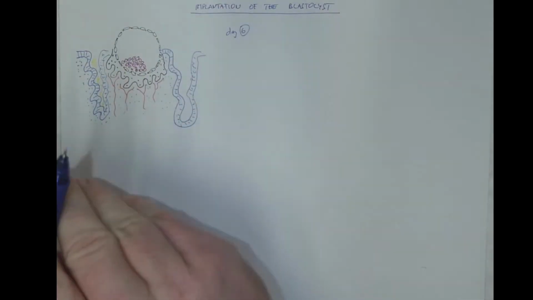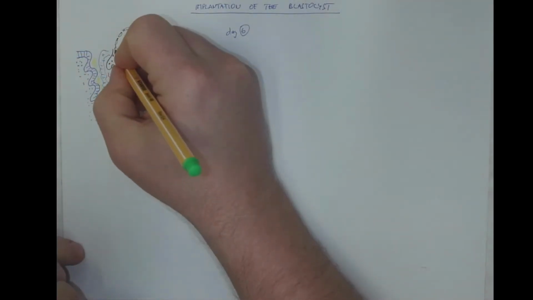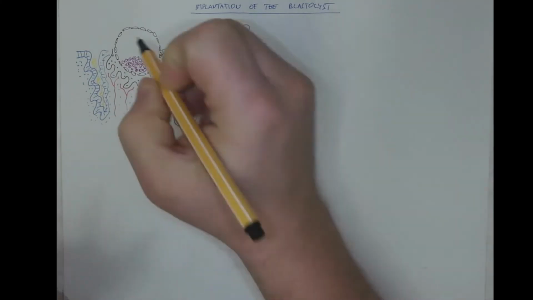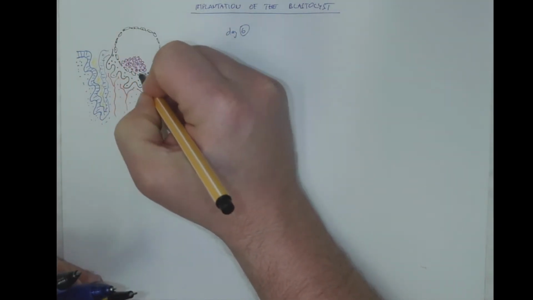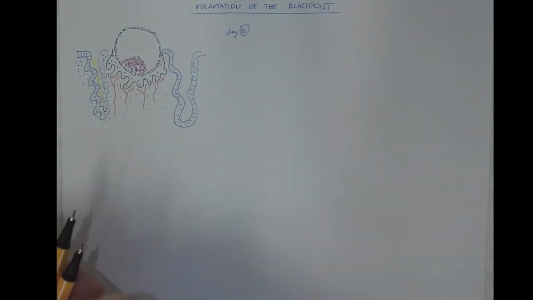So the cells on the surface, well, I will add the nuclei. The cells on the surface form a layer called trophoblast.